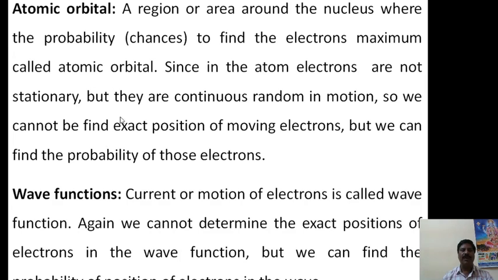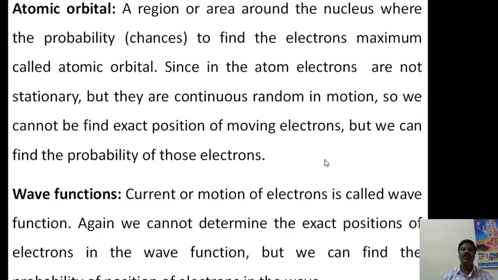Next one is wave function. Wave function is nothing but the current or motion of the electrons. Again, we cannot determine the exact position of electrons in the wave function, but we can find the probability of the position of electrons in the wave.